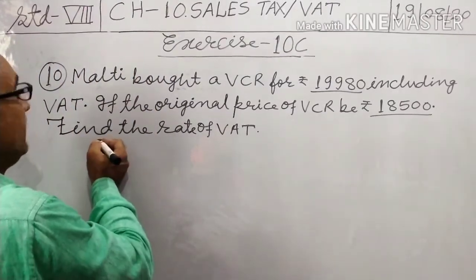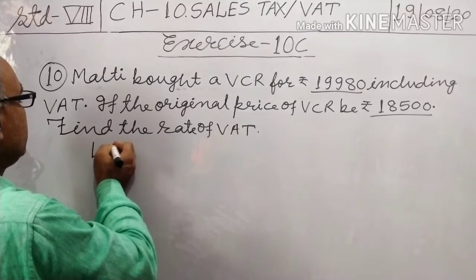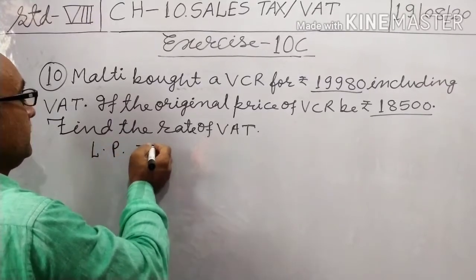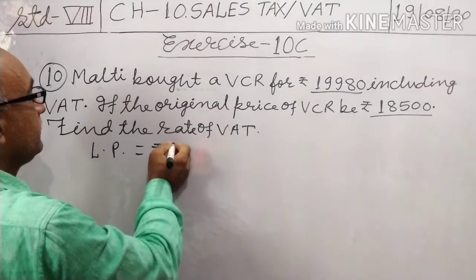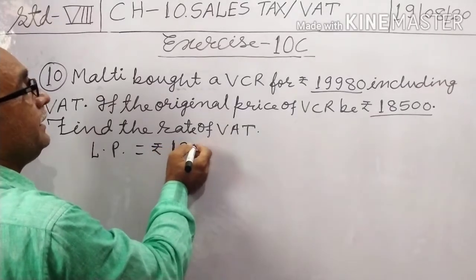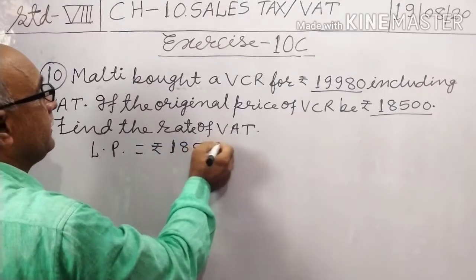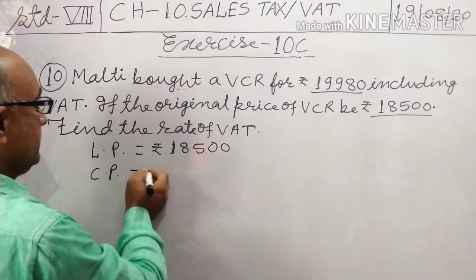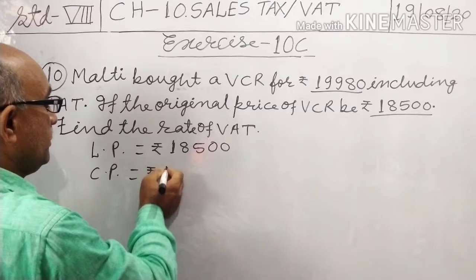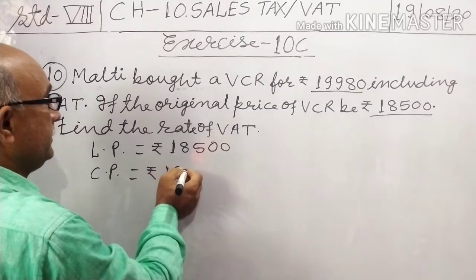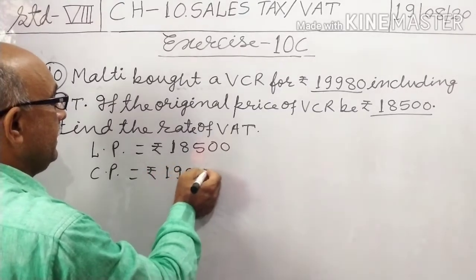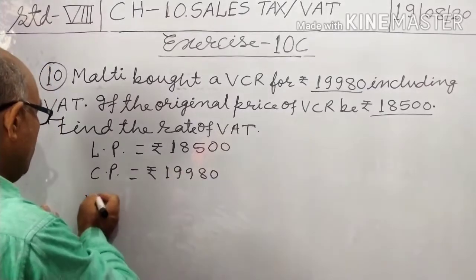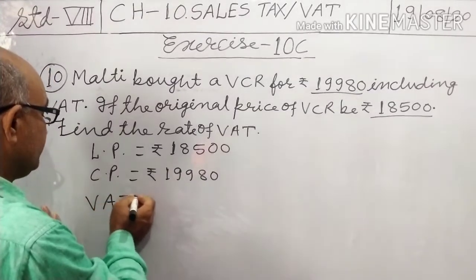So here LP is rupees 18,500 and CP is rupees 19,980.